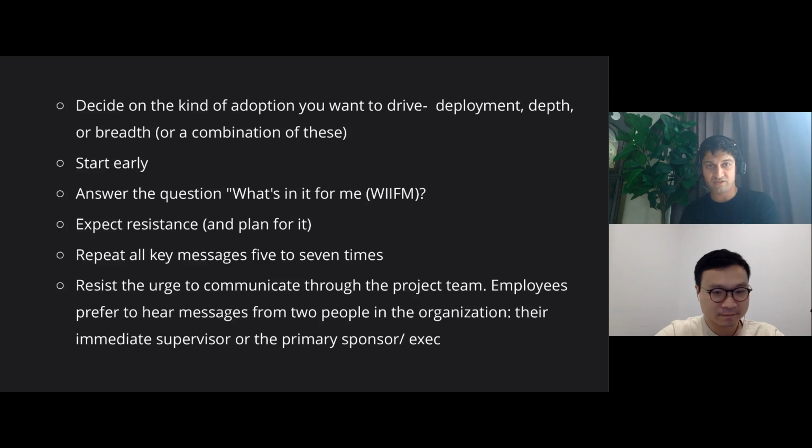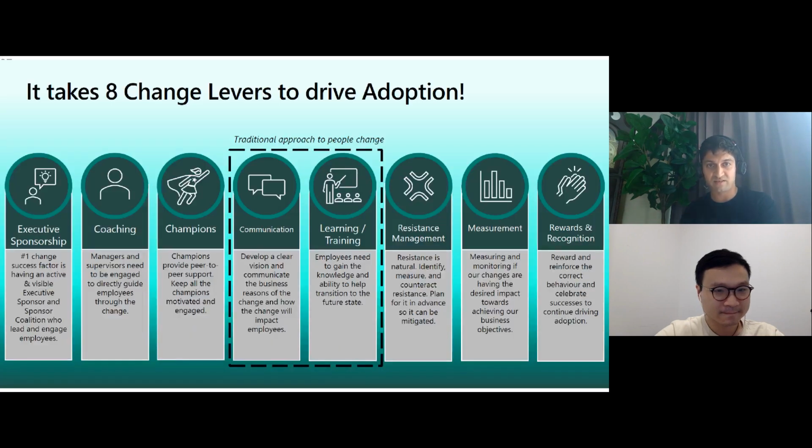Yeah, so let me see if I can jump back to that slide. These were the 8 overall levers I'd spoken about. As I said earlier, the single most key one is exec sponsorship. I've seen so many projects fail because you had all of the other things covered, but there wasn't that active exec sponsor, right?